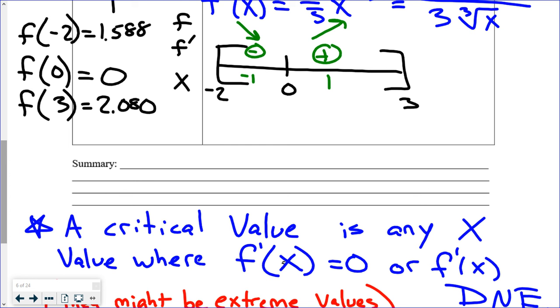I'm sure you're about out of room, but we'll just try and squeeze this in here real quick. And then our last one is also absolute.